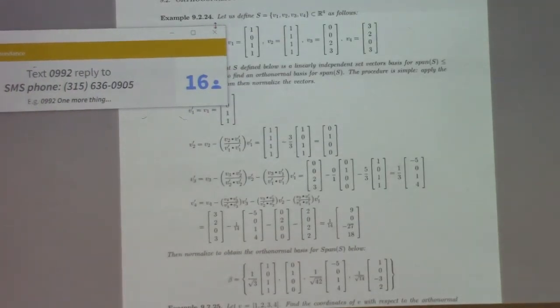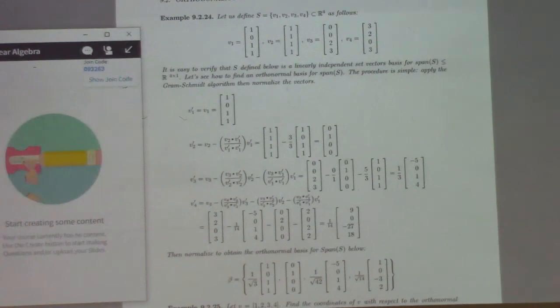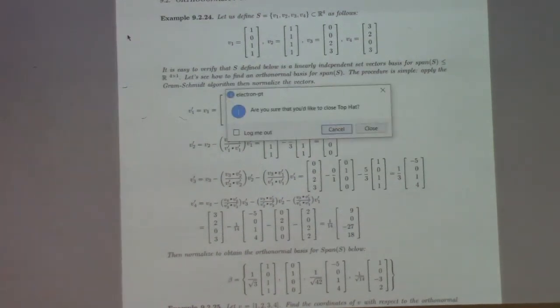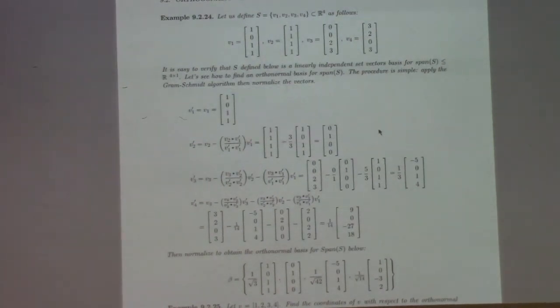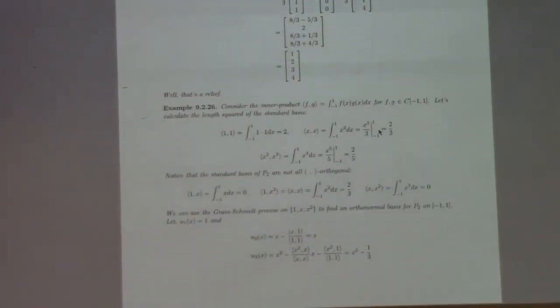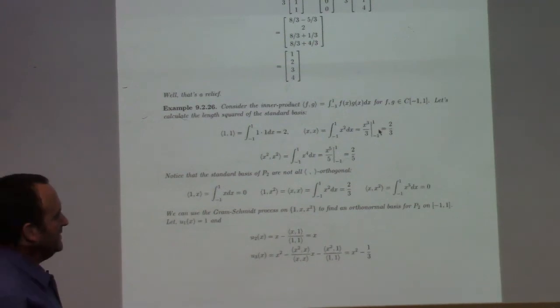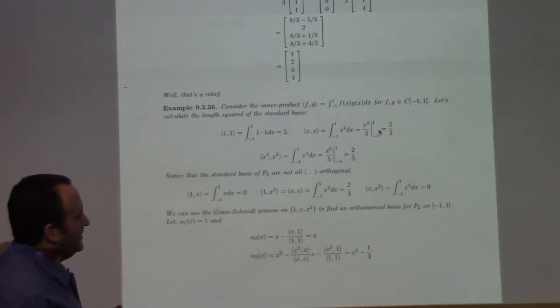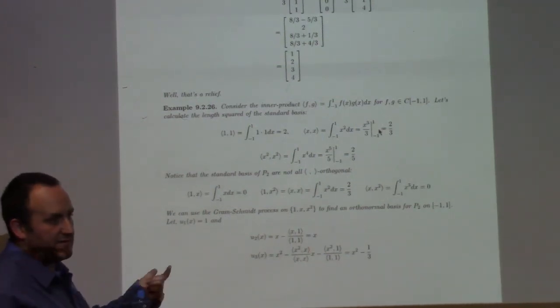Here's an example of a 4x4 system. Again, I Gram-Schmidt. This is a more interesting example. I think I do this in the video from next time. If I didn't do it in the video from next time, I did it in the video that was posted to mirror this class.